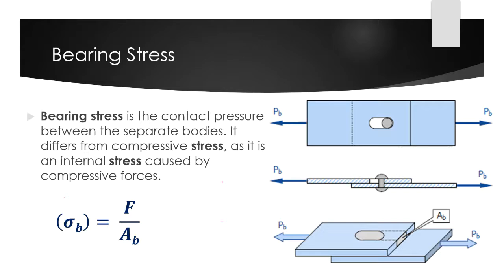Okay, so we'll move on to the discussion of the bearing stress. Bearing stress is the contact pressure between the separate bodies. It differs from the compressive stress as it is an internal stress caused by the compressive forces.